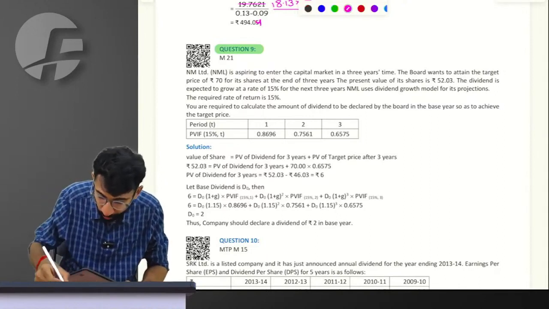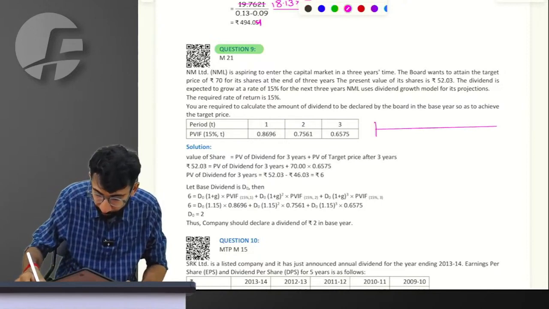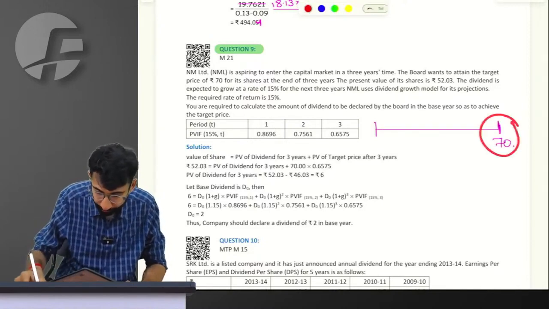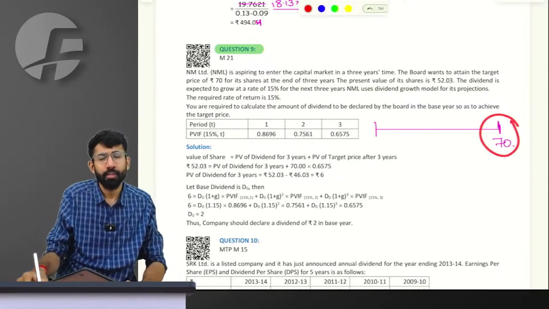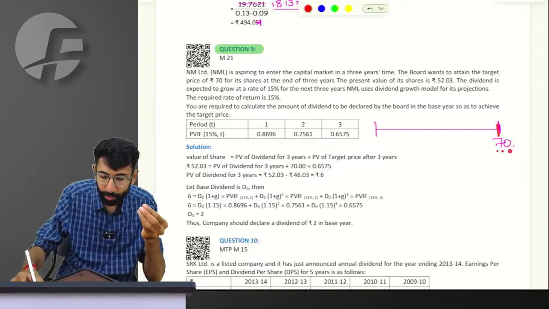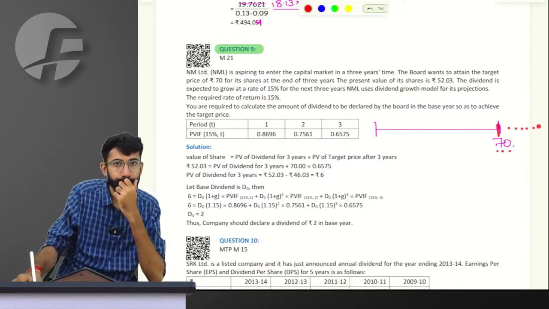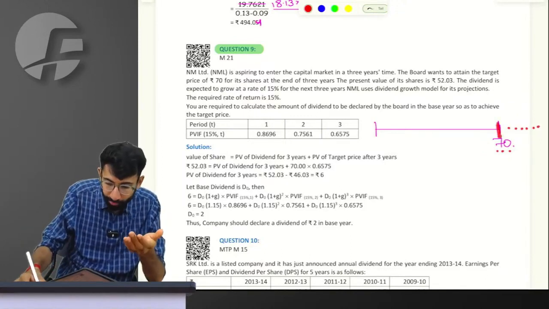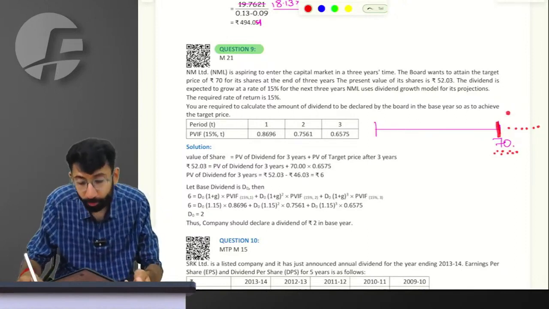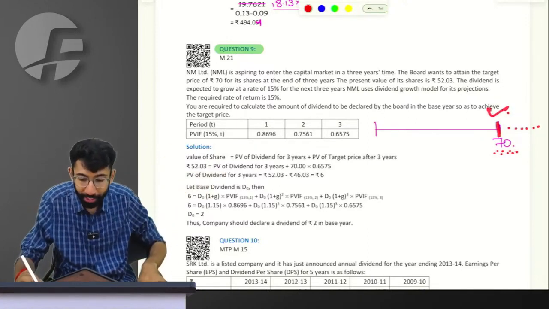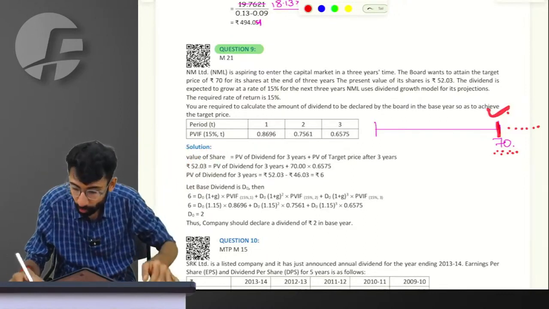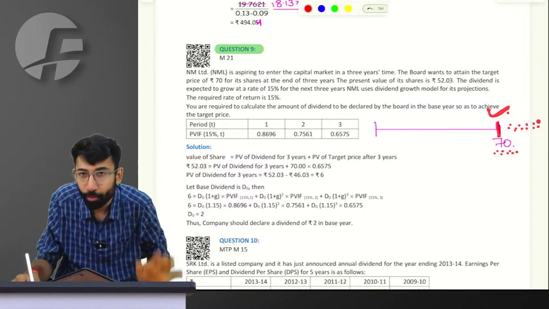Sir, what is the question trying to say? I want to achieve the price of 70 over here. One way you can think is that the price of the share depends on the future cash flows, because the value of a share today is the present value of future cash flows. Sir, what will the future cash flows after that point be? Not given.